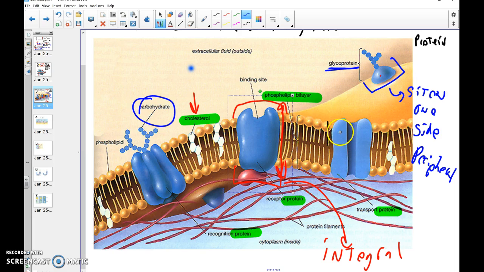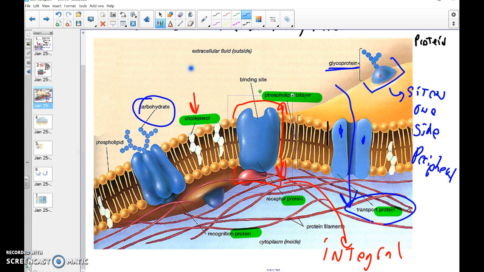Now, these right here are a very important kind of protein because they create a gap in the phospholipid bilayer. And these proteins are unique because they only allow certain things to pass through. So these transport integral proteins are one of the structures that makes the membrane semi-permeable, that allows it to decide what gets in and what gets out.